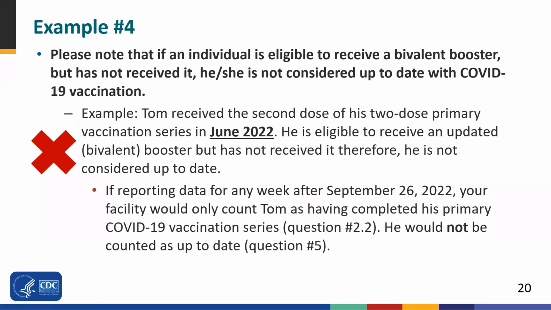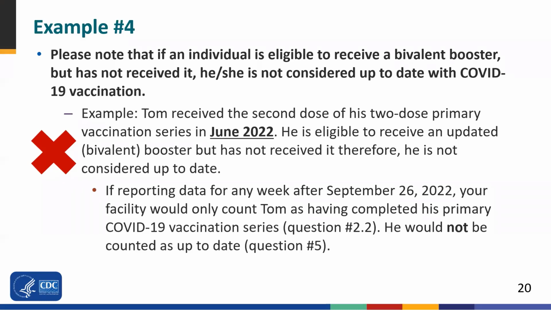The next 2 examples are examples to show that if an individual is eligible to receive a bivalent booster but has not received it, he or she is not considered up to date with COVID-19 vaccination. In the example, Tom is not considered up to date because he has not received an updated bivalent booster, even though he is eligible to receive it.